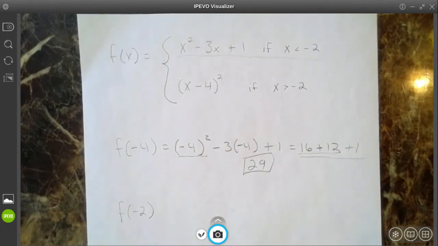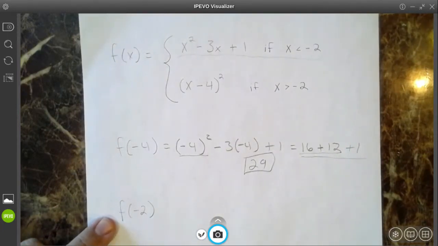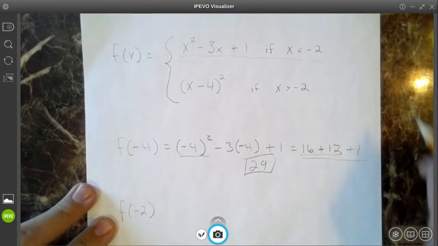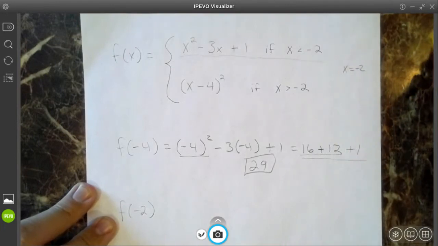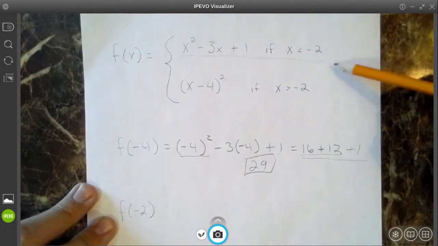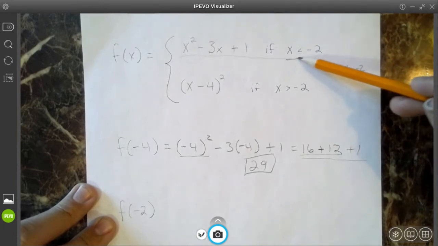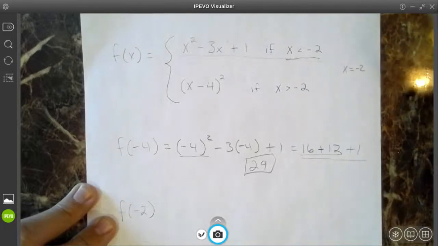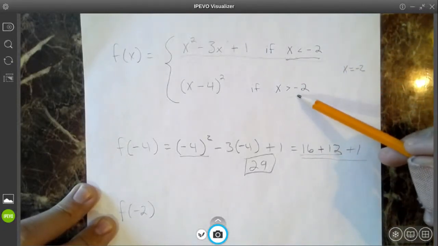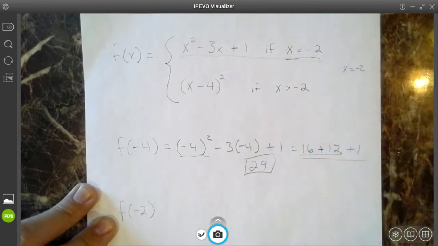For the next one, this one's actually a little weird. f of negative 2. We're plugging in negative 2 for x. The problem here is that negative 2 is not less than negative 2, so I can't use this function. And negative 2 is not greater than negative 2 either, so I can't use this function.